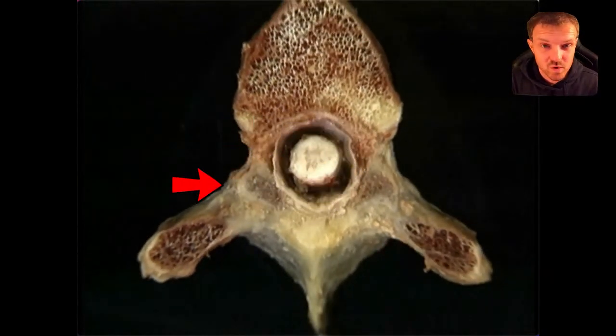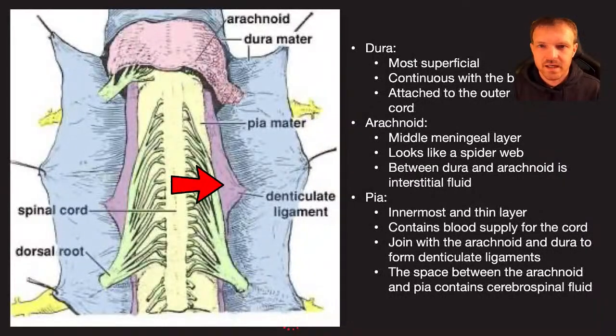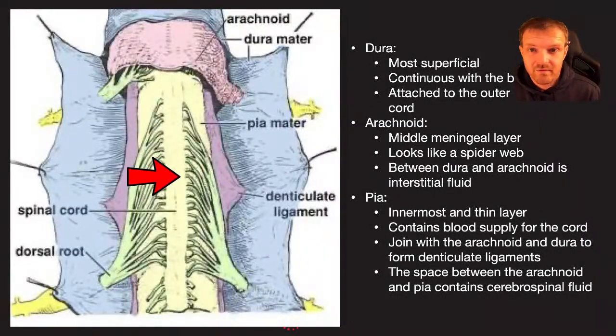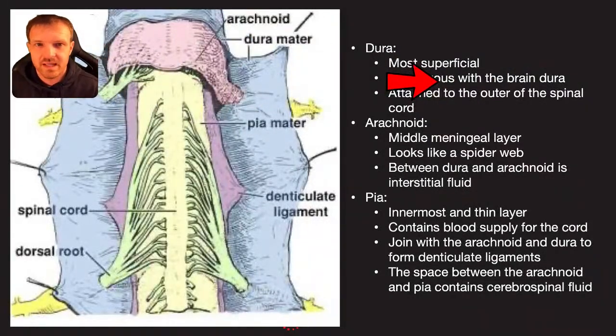So that's what your spinal cord looks like when it's in the body. Here is a little breakdown of it. We've got the dura, which is the most superficial. It's continuous with the brain dura, and attached to the outer of the spinal cord.